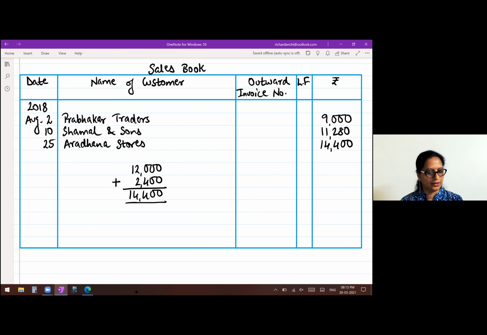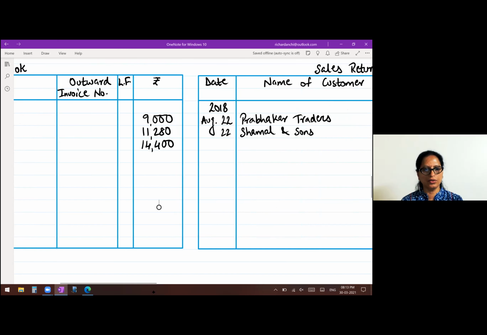Now 28. Aradhana Stores return goods of 2,400 as they were defective, and the same were returned to Sadhana Stores. So now first Aradhana, we had sold to Aradhana, so we will take the sales return book.